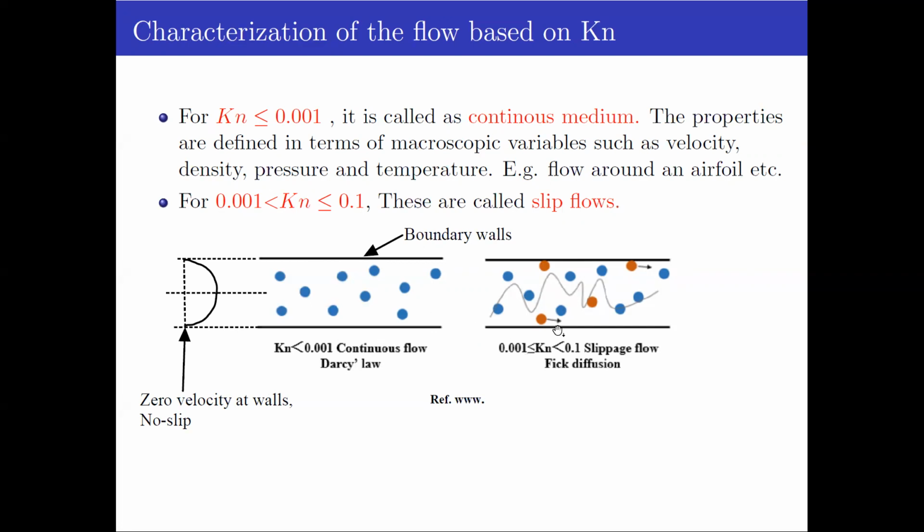In slip flow, there will be velocity at the walls. The no-slip boundary condition will not be satisfied, and a fluid particle can travel at most half of the domain size before colliding with another particle.